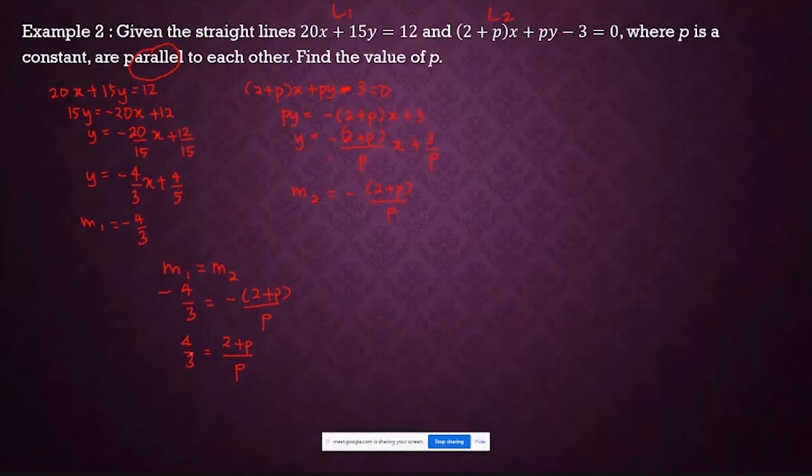Now I do cross multiplication: 4 times p, 3 times 2 plus p. Then you have 4p equal to 6 plus 3p. Now we simplify: 4p minus 3p equal to 6, and 4p minus 3p equal to p, like 4 apples minus 3 apples.